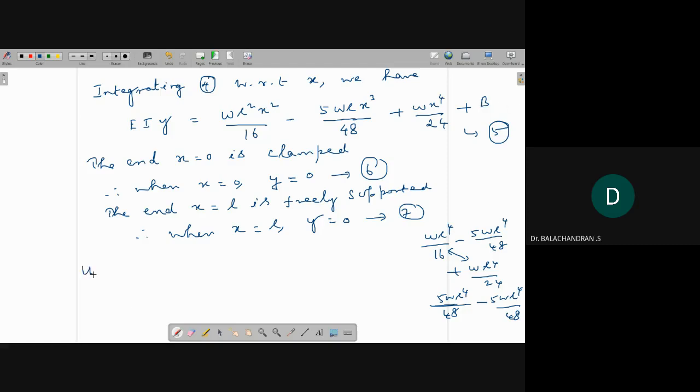So using 6 or 7 in 5, we get B equal to 0. So now substitute B equal to 0 in equation 5.